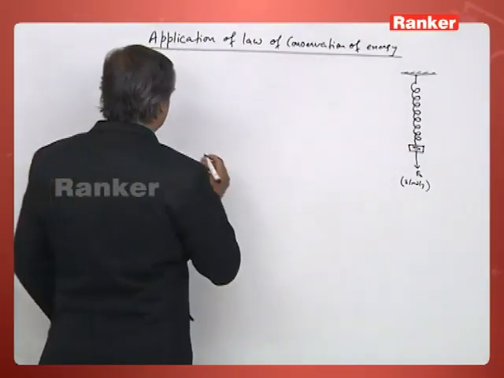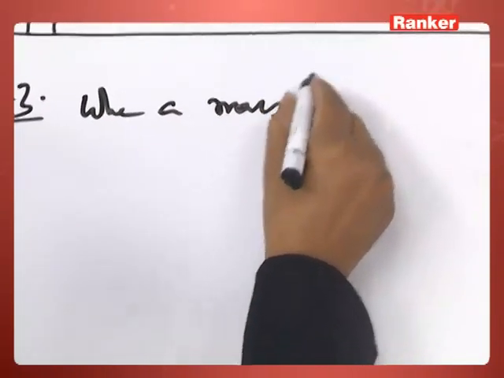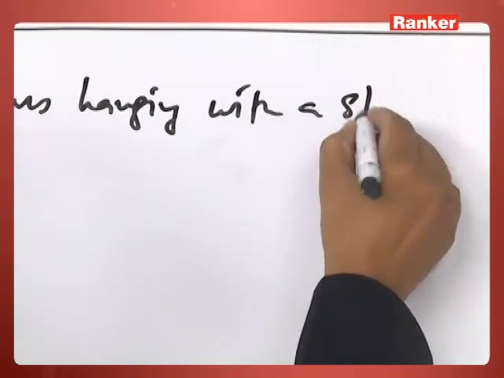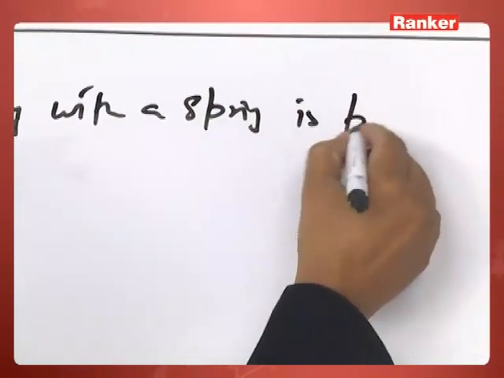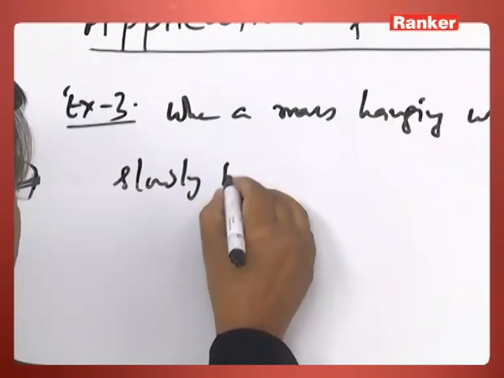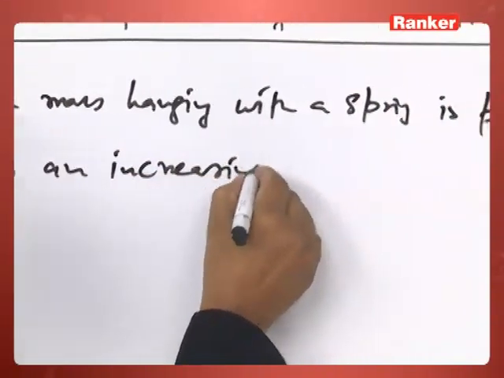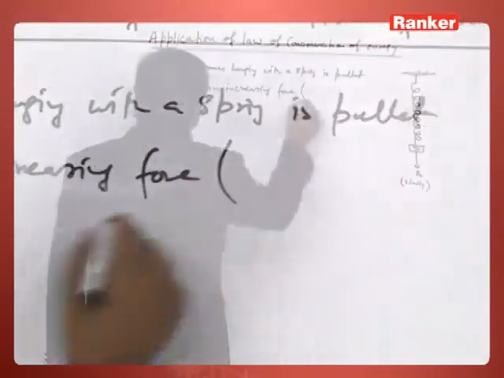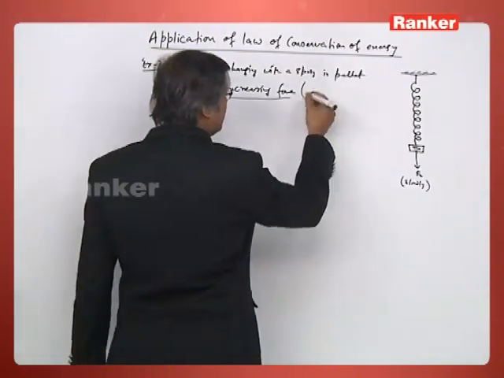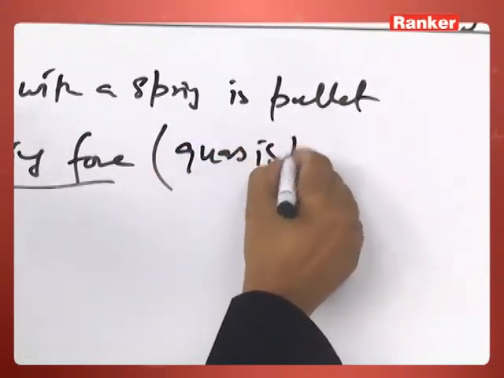So what is given? When a mass hanging with a spring is pulled slowly by an increasing force. Doing this is called, in technical language in physics, quasi-statically.